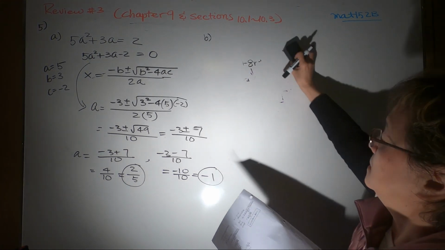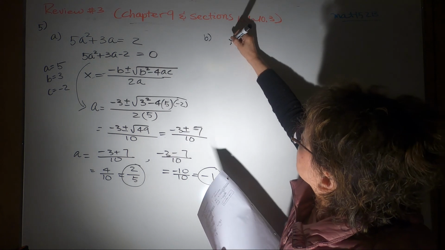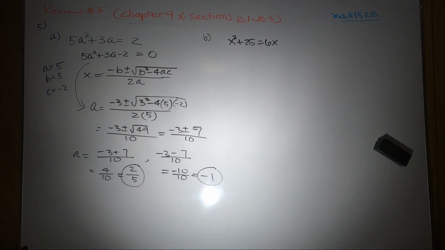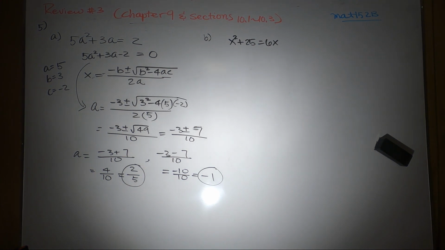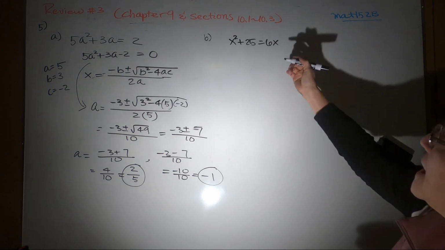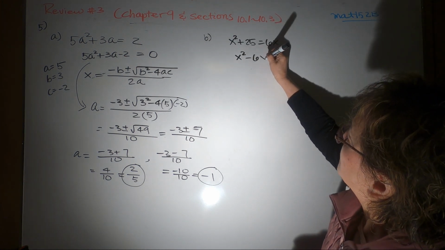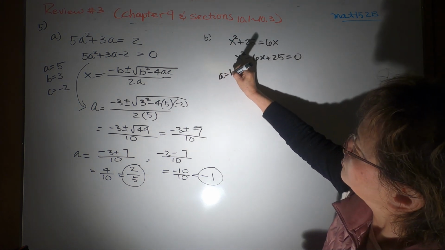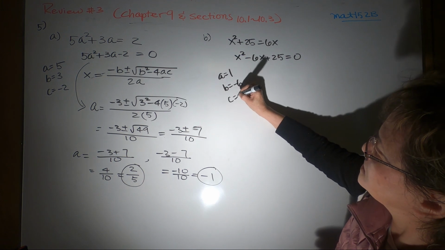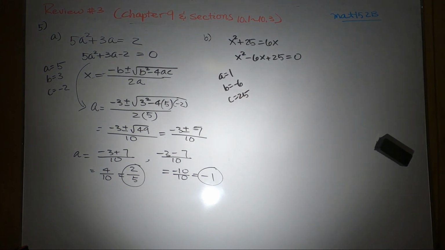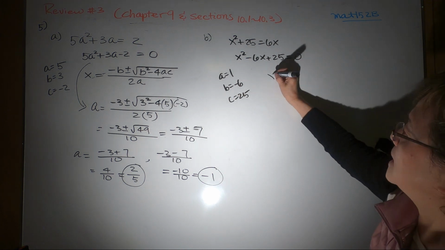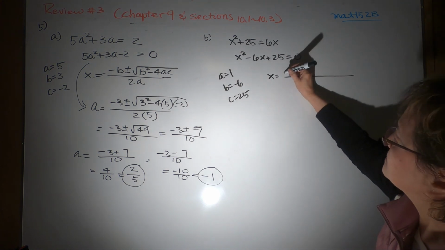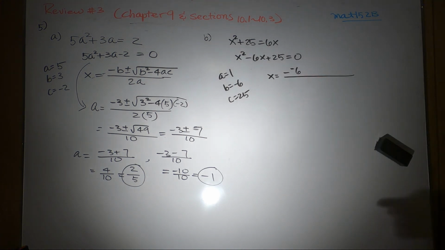Okay. Let's do one more. x squared plus 25 equals 6x. Then we use what? Quadratic formula, right? So then write it in standard form first. Minus 6x on both sides, right? So a is 1, b is -6, c is 25, right? So your x is what? -b, negative, so -(-6), right?